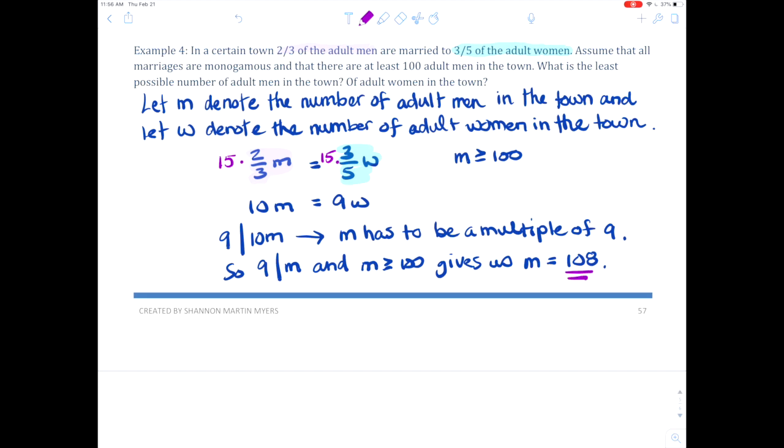And applying it over here, we could say that W, if we isolated W, would be equal to 10/9 times m, right? So W would equal 10/9 times 108. And that would give us 120.